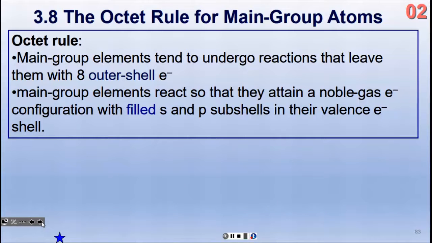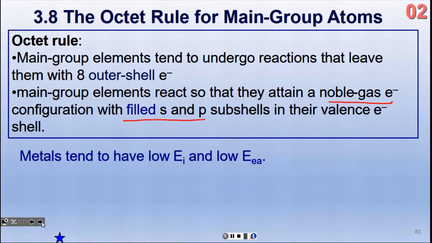So the main group elements are going to undergo reactions, whether they're making ions or, later, covalent compounds, that leave them with 8 outer shell electrons, and that gives them a noble gas electron configuration with filled S and P subshells in the valence shell. And so metals, what are they? They're on the left side of the periodic table.